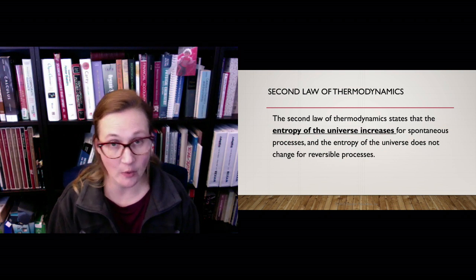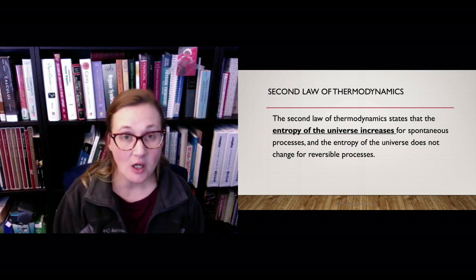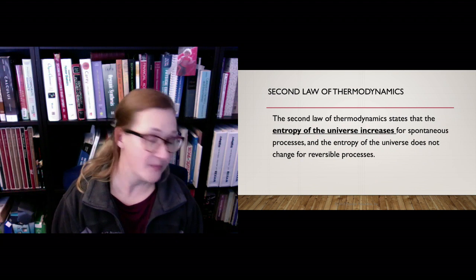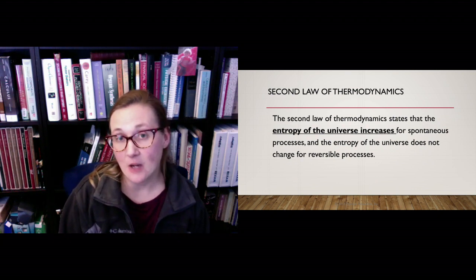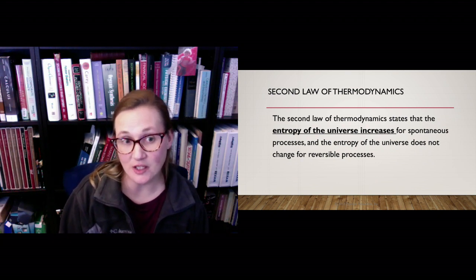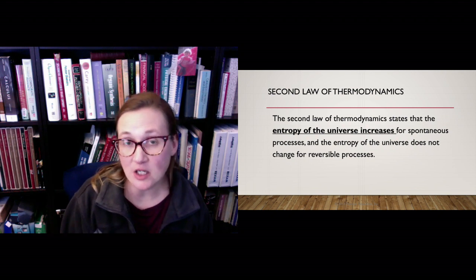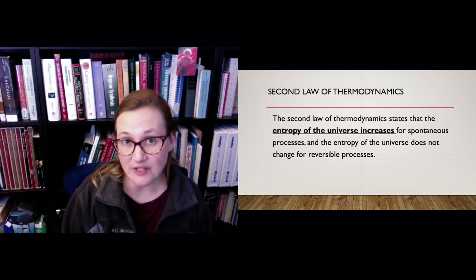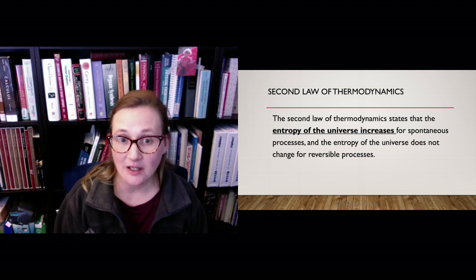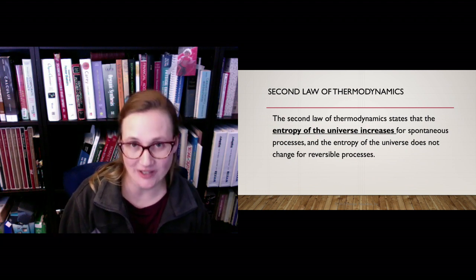All right, so remember, we're going back to last semester where we define a system and we define the surroundings. The entropy of the universe is both the system and the surroundings. And for something to happen without outside intervention, the entropy has to increase.